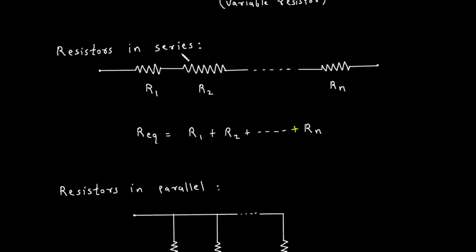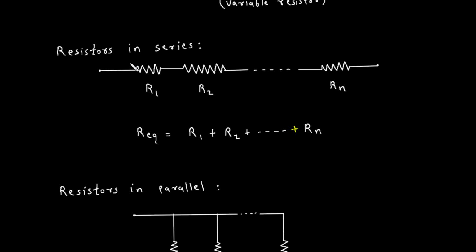Resistors in series. When we connect resistors in series, we have to add them. Like the resistance of resistor 1 is R1, the resistance of resistor 2 is R2, and so on. So we add them to get the equivalent resistance. In series, the resistance increases.